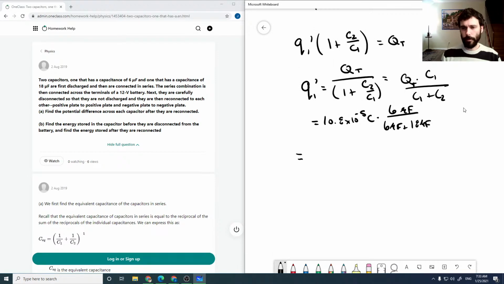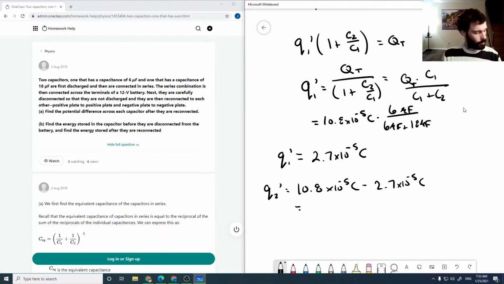And so our Q1 prime comes out to be 2.7 times 10 to the minus 5 coulombs. And then our Q2 prime can be just figured out from the difference, which is 8.1 times 10 to the minus 5 coulombs.